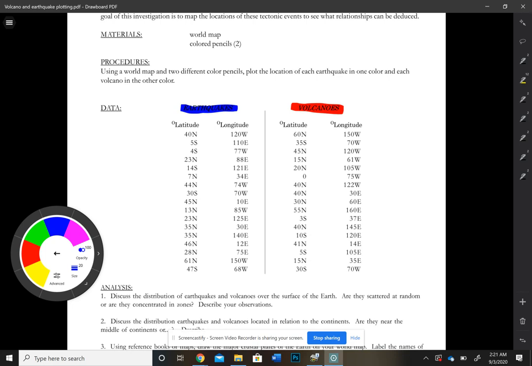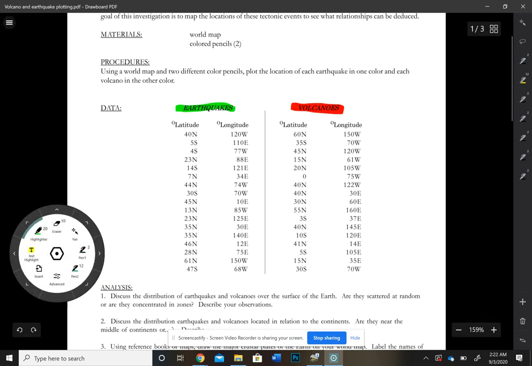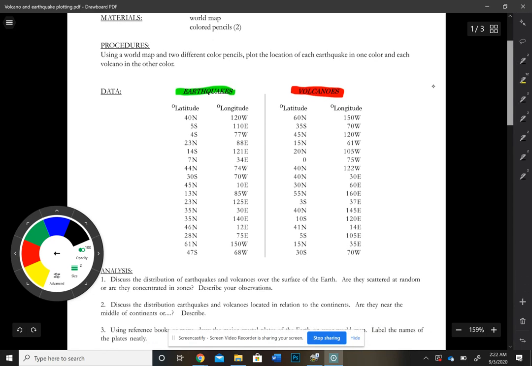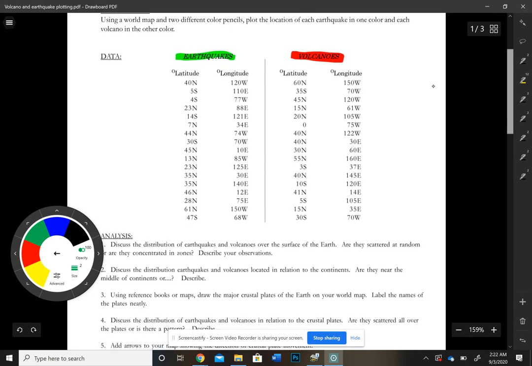Hold on, I know there's an undo. There it is. Let's go with it being green. Okay, so earthquakes are green, volcanoes are red. Cross out the ones that you finish, which means that I need to change my pen to earthquakes because that's where I'm starting. Scroll back down.